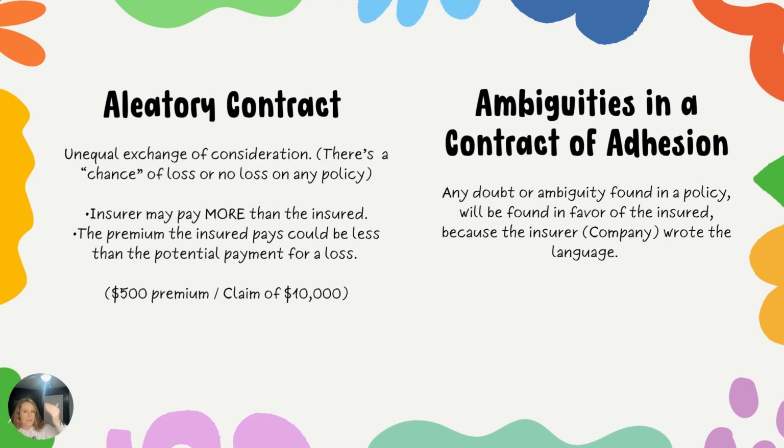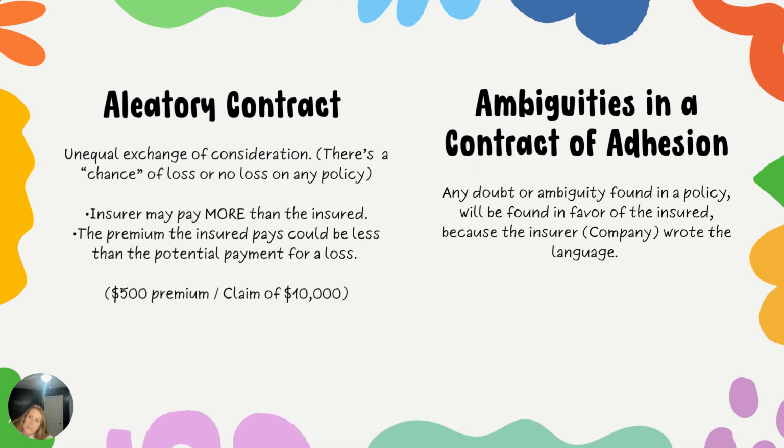That's what makes it aleatory. It's unequal. And a good way to remember that is if you picture this L in the word aleatory, picture that the letters on each side are unequal, right? So the A on one side, and then on the other side, you have EATORY, right? Something silly, but hopefully that'll stick. So that makes it an unequal exchange of consideration.